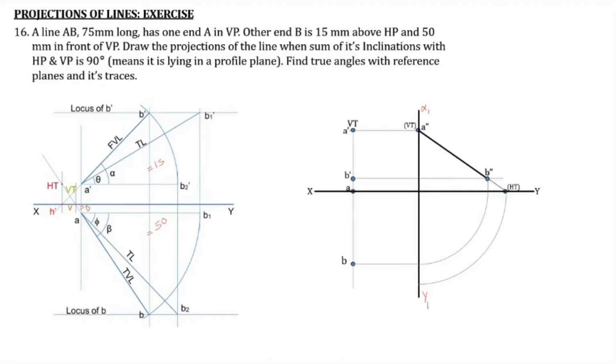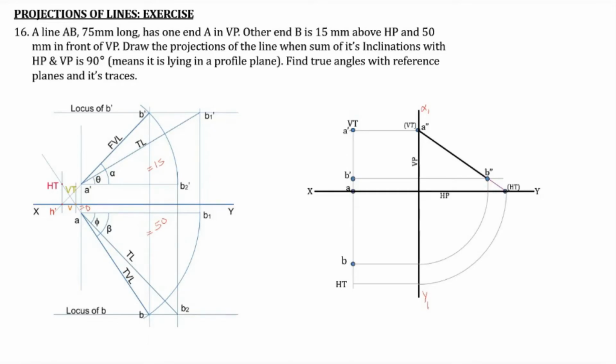And now from the x1 y1 line, we draw the locus like this. The locus is drawn. Now this point that we obtained is the HT, the horizontal trace. So now VT is the point on the top, that is the A dash point, the same as VT. HT is this point. Now A dash B dash is the front view and AB is the top view.